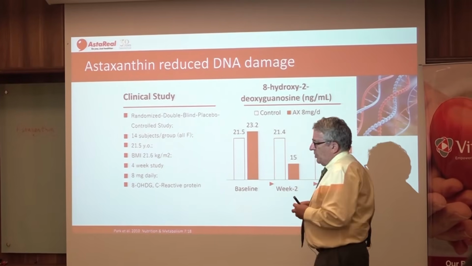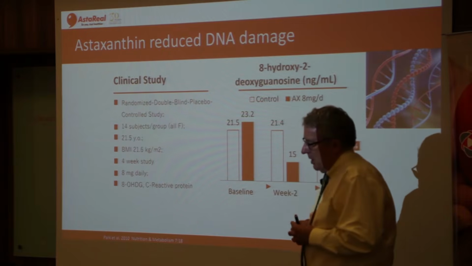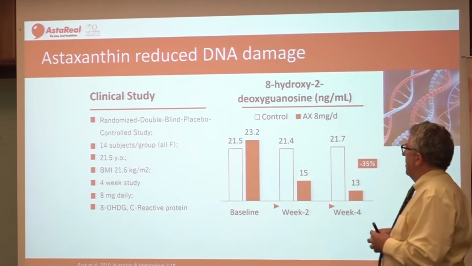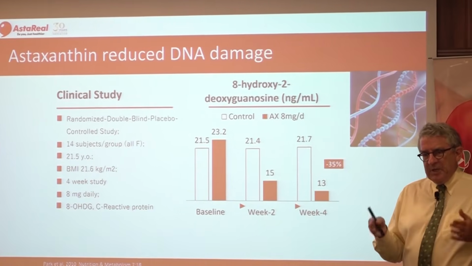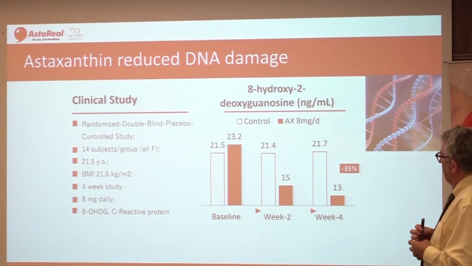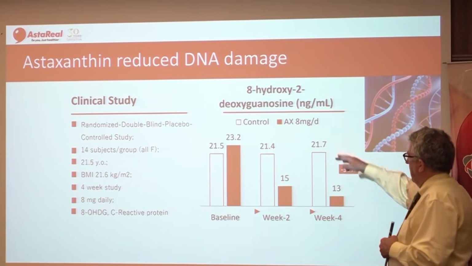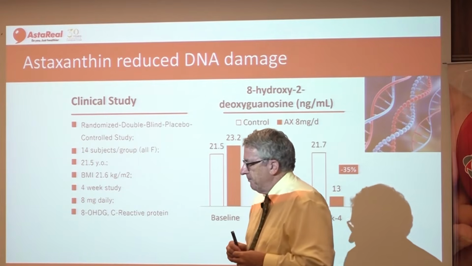Looking at DNA damage, this is looking at this particular marker, 8-hydroxy-2-deoxyguanosine, a DNA fragment that gets cleaved if the DNA has been damaged by oxidants, and there was a nice 35% reduction with astaxanthin when given at 8 milligrams per day in a 4-week study. Next slide.